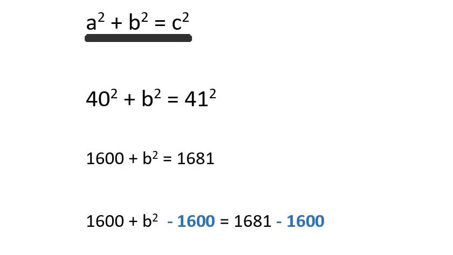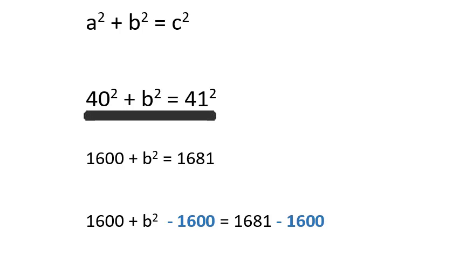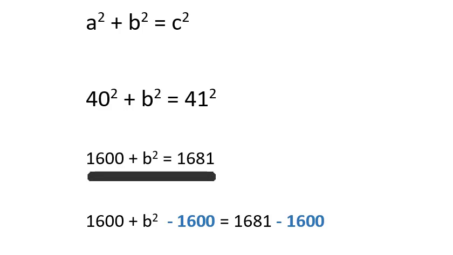A squared plus b squared equals c squared, where c is the hypotenuse. And plug in the numbers. One of the sides is 40, so we put in 40 squared plus b squared, we don't know that value, equals 41 squared, the hypotenuse squared. 40 times 40 is 1600, plus b squared equals 41 times 41, which is 1681.